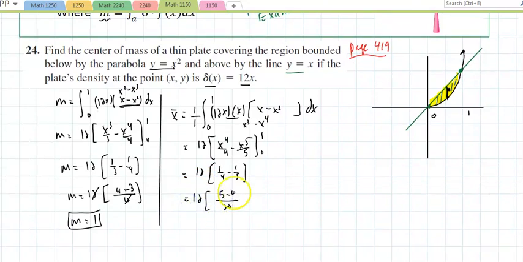That's 5 minus 4, which is 1. So this would be divided by 4, that is 3 divided by 4, that's a 5. There it is.